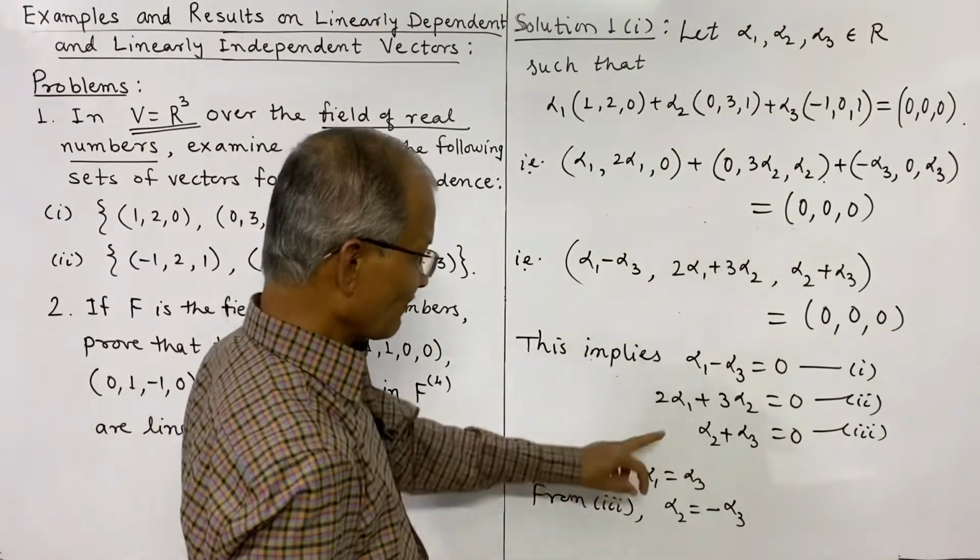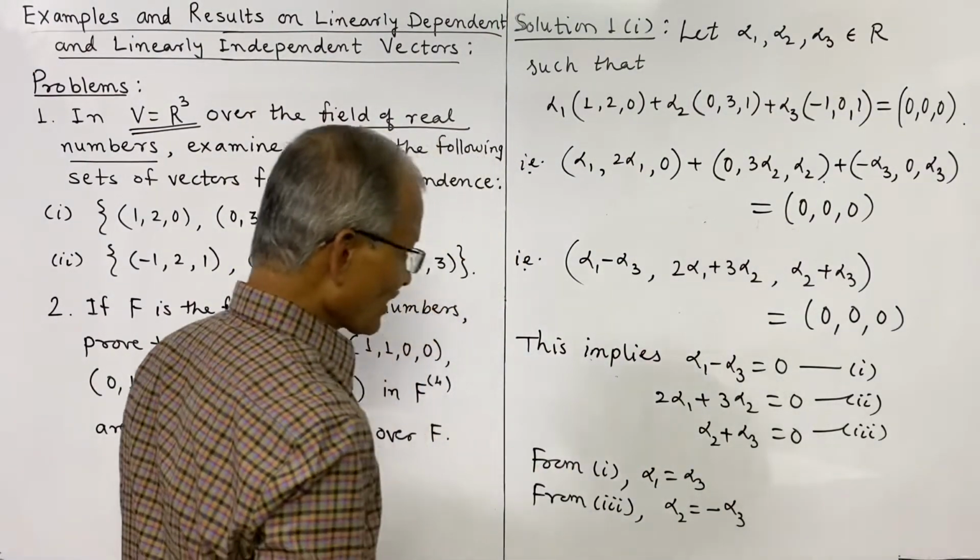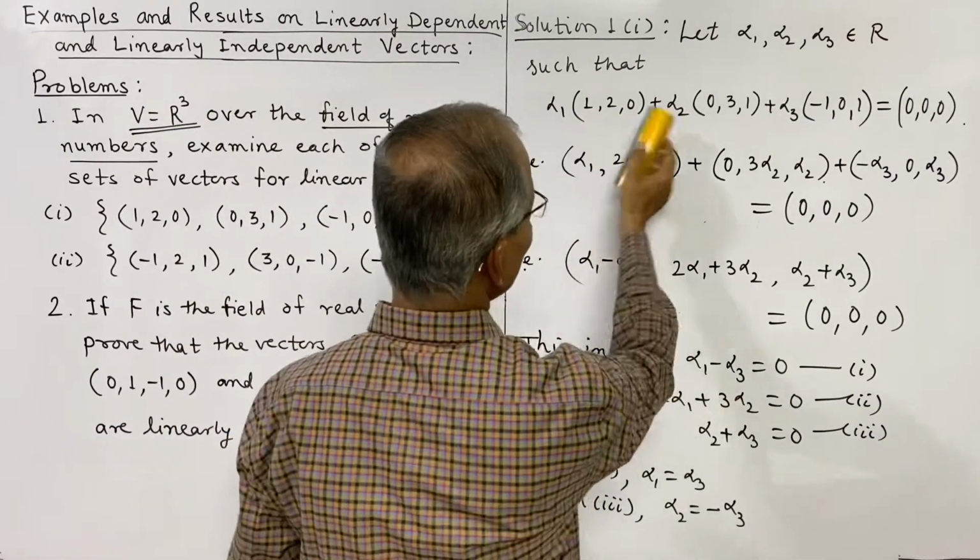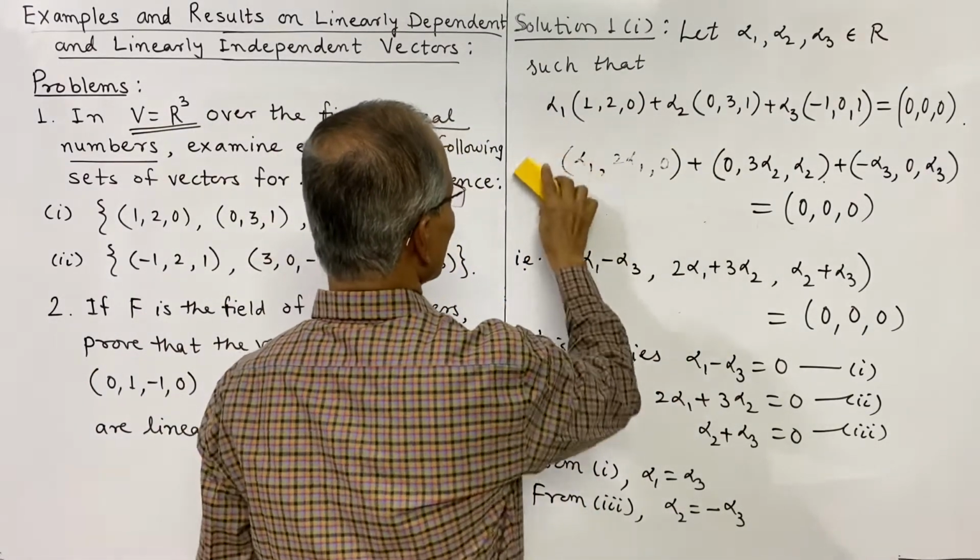And what about alpha 1? From the second we can see. So this is our first equation we have written.